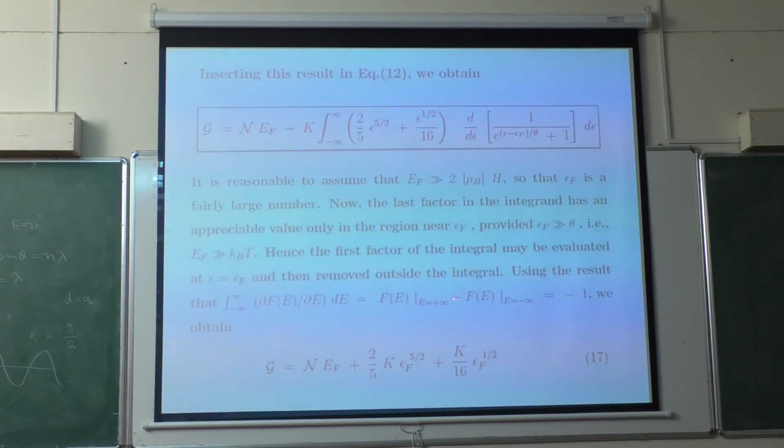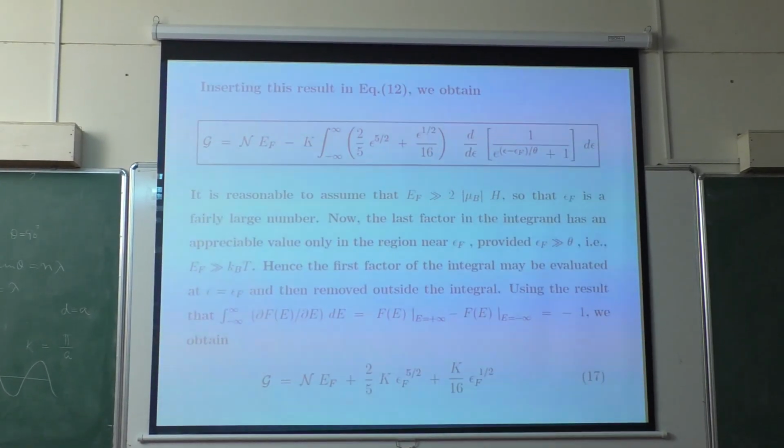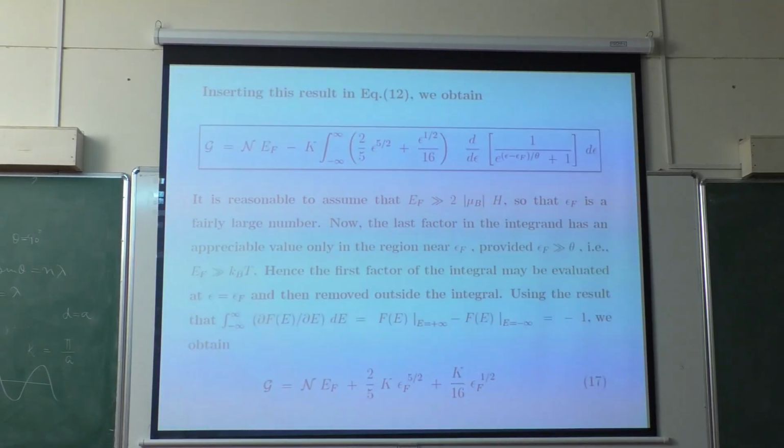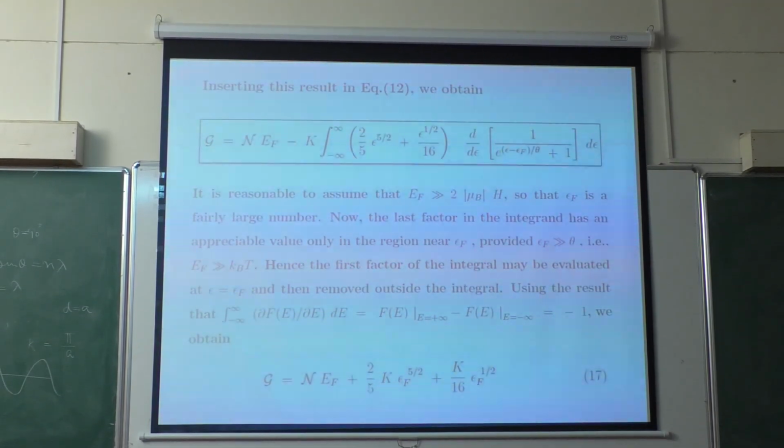Now, Fe at E infinity: Fe is a Fermi-Dirac distribution, and at an energy equal to infinity it would be 0, obviously. And at minus infinity it is 1.